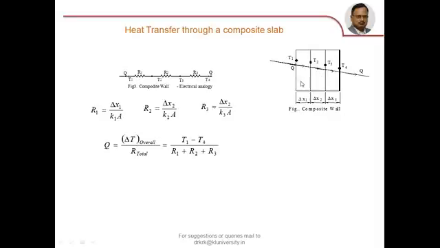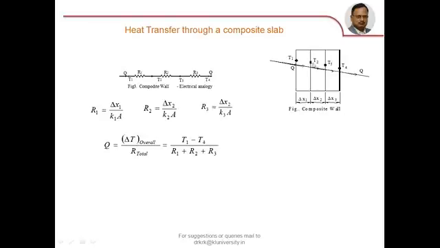Consider three different materials here. One is having thermal conductivity K1, the other one K2, and the third one K3. T1 is the temperature here, and the end is the temperature T4, surface temperatures. And the interface temperatures are, say, T2, T3.